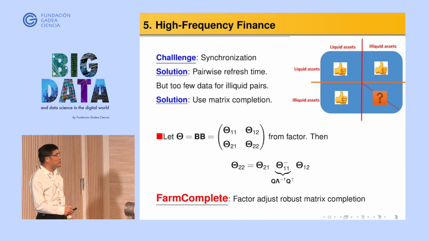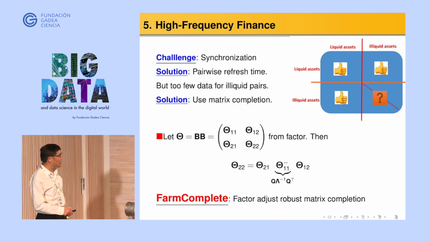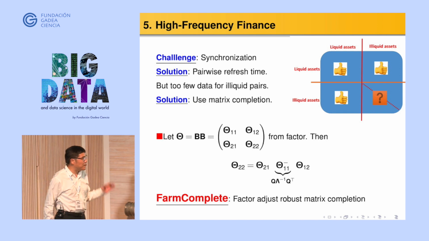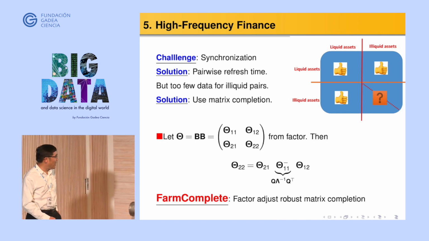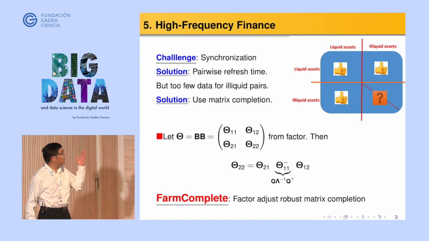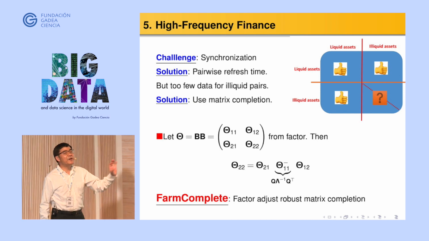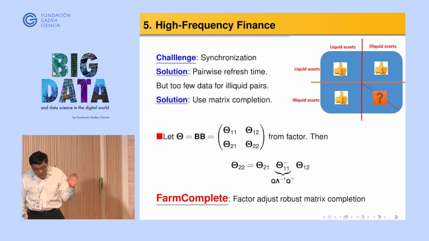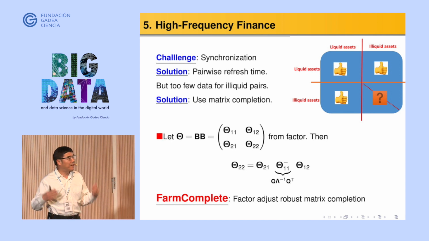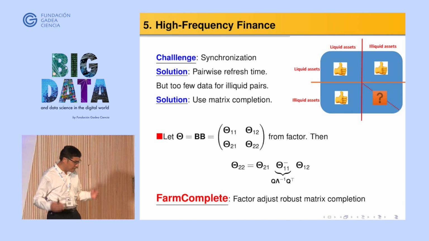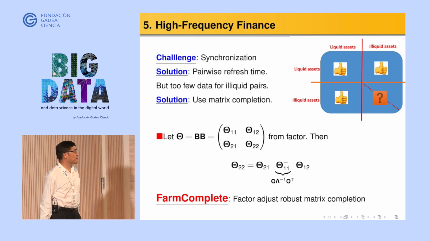It's easier to just use these three pieces, plus this low-rank structure, to infer the missing pieces. So matrix completion technique can be applied to high-frequency finance too. Again, this is a very quick drive-by of our development over the last few years on the application of factor models to different kinds of financial applications.